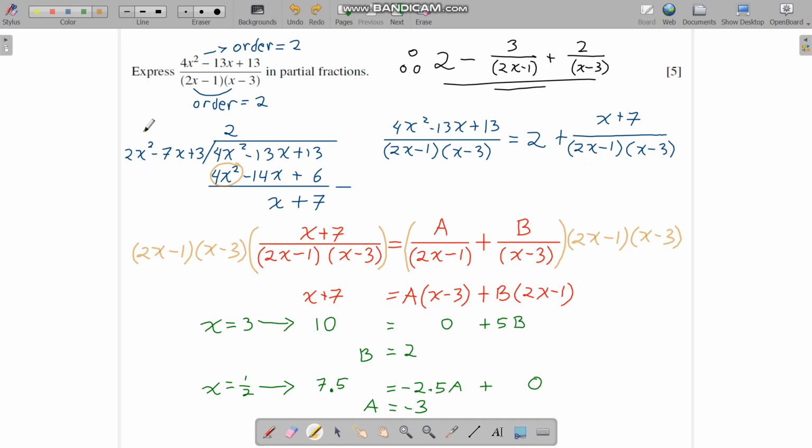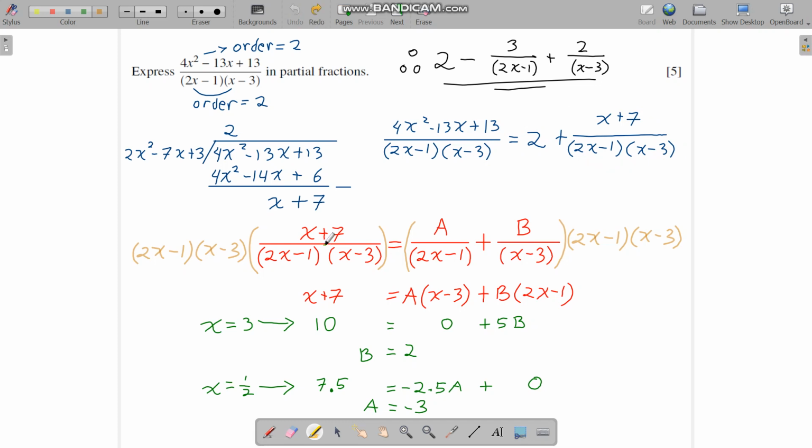It's gonna be 2, so we multiply 2 times this, 2 times this, 2 times that, and we get the remainder x plus 7. And so the mixed algebraic fractions would be 2, the quotient, plus the remainder divided by the divisor. So we use the partial fractions decomposition only for this part.